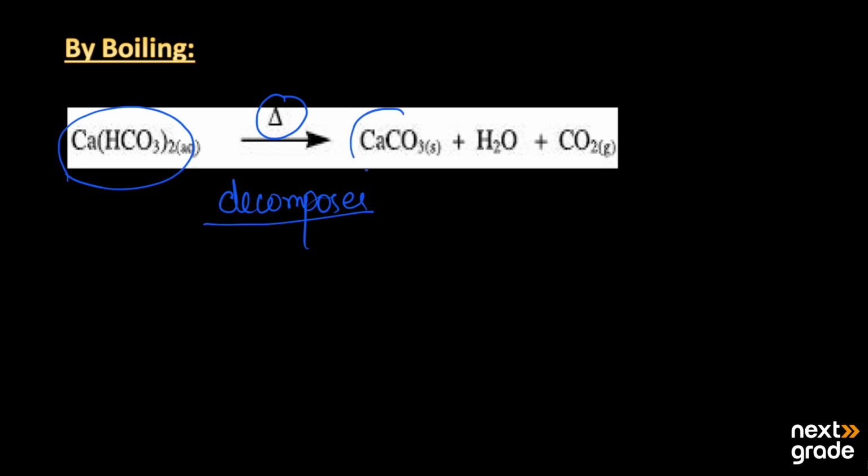Number one, it makes calcium carbonate, which is insoluble. It also makes water and carbon dioxide. As the calcium carbonate is insoluble, it will be precipitated out from the solution.